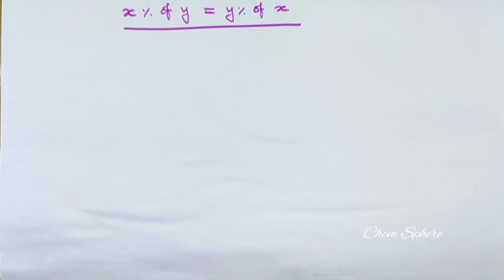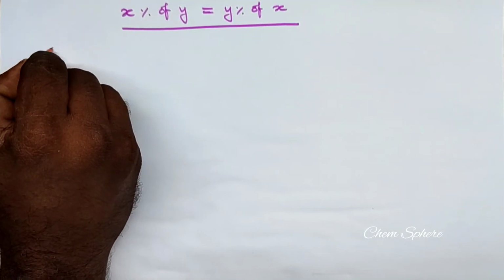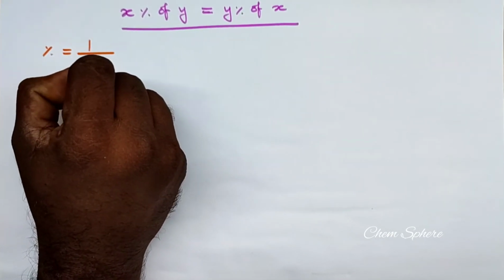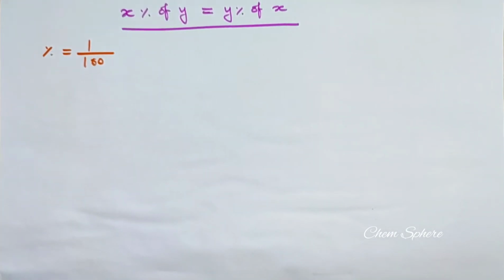Hello everyone, in this video I will be explaining that x percentage of y is equal to y percentage of x. I will give you a few examples so that you can understand how this works. What is percentage? Percentage can be written as 1 by 100, that is percent.